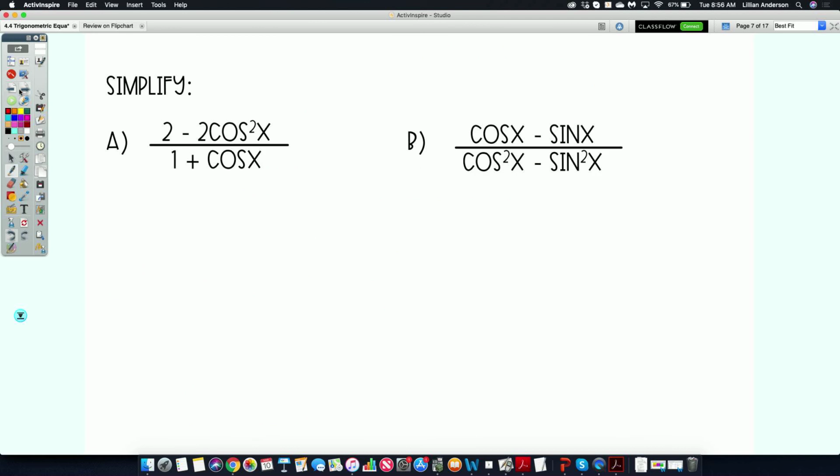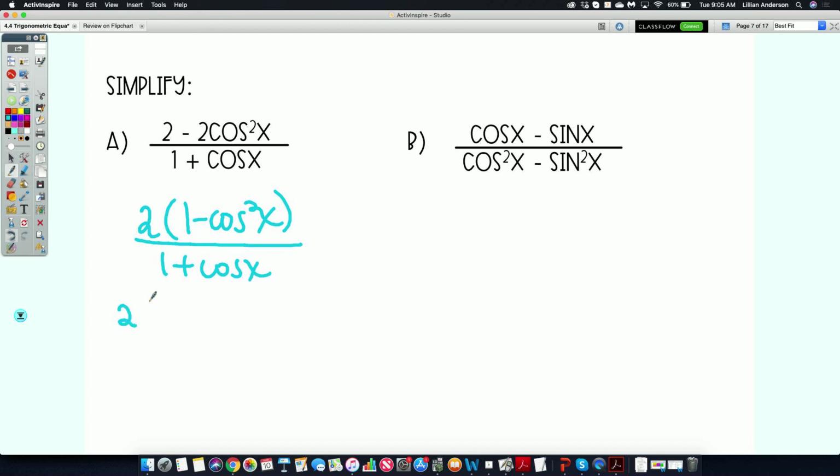All right, try simplifying these. So in A, hopefully you notice that you could take out a 2 from your numerator, leaving you with 1 minus cosine squared x all over 1 plus cosine x. Now that's not really simplifying, but inside of the parentheses, that's another difference of squares.